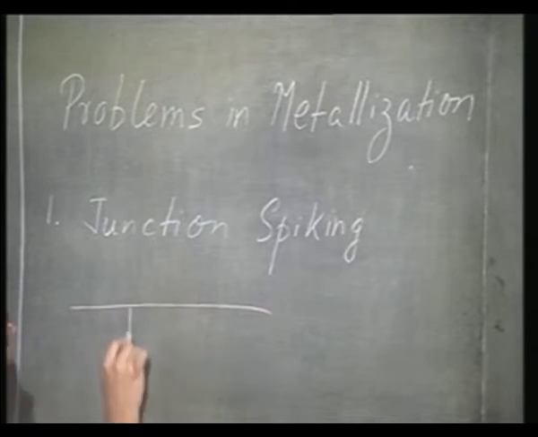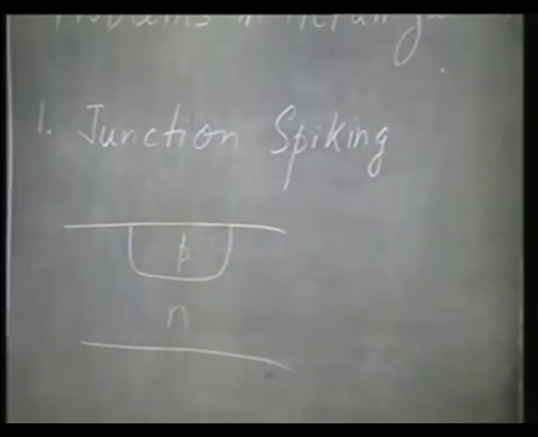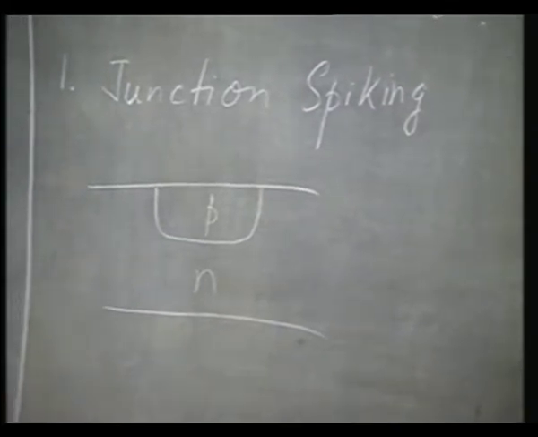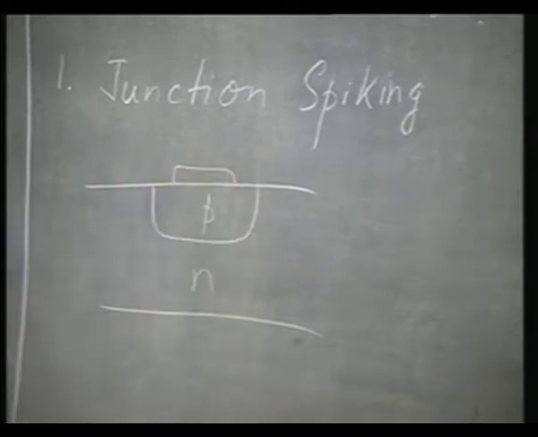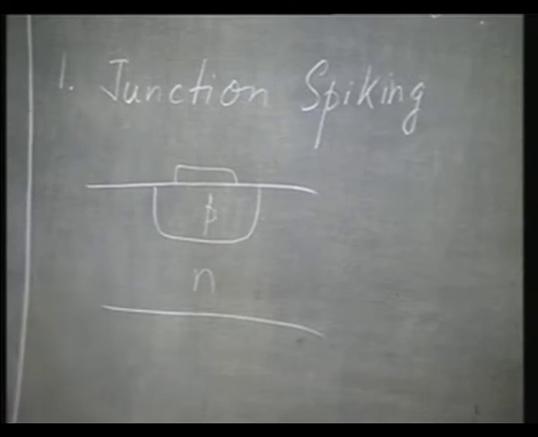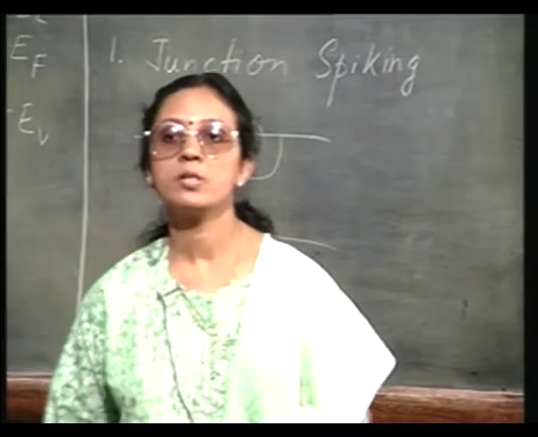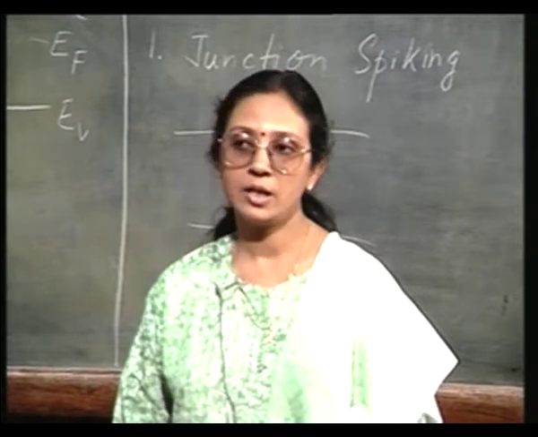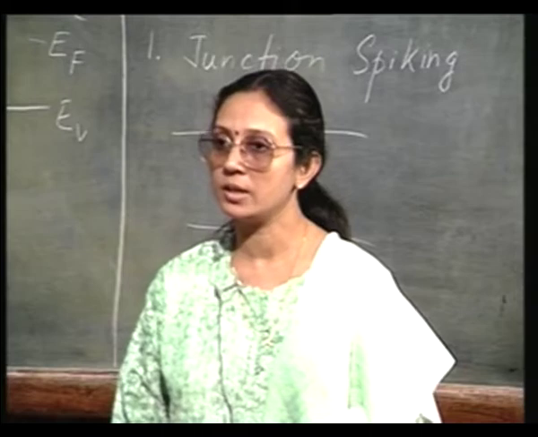Suppose you have a shallow p-n junction, and you are trying to form a metal contact here. Aluminium contact. What happens is aluminium can dissolve silicon. If you look at the aluminium silicon phase diagram, you will find that aluminium can dissolve silicon in it.